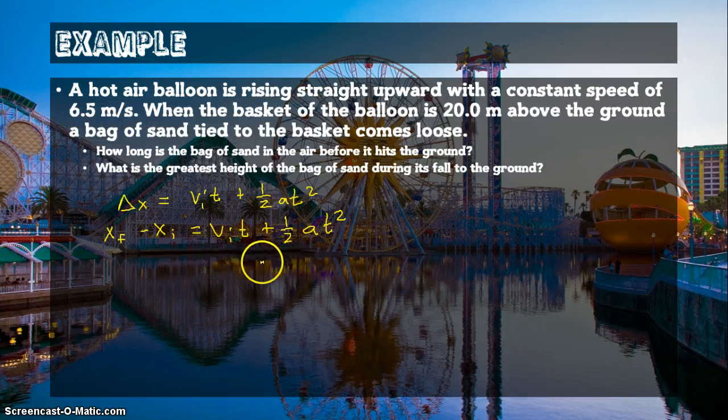We can solve this for t. Well, actually, first, what I want to do is take a t out. So xf minus xi equals t times Vi plus 1/2 a t.